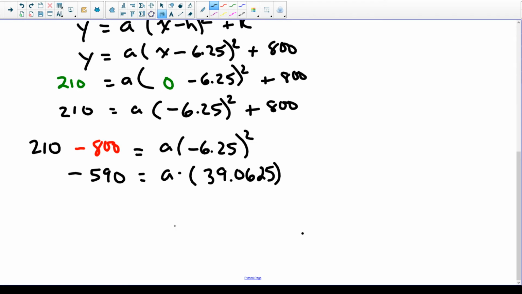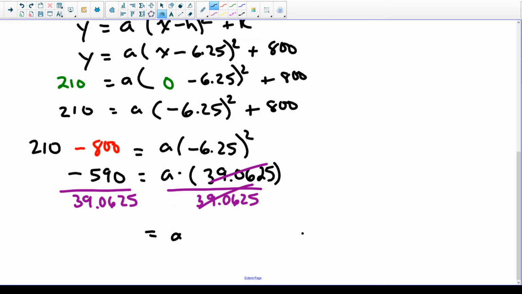Okay, and we've got one more step to do. We've got to get the a all by itself by getting rid of that new number that's multiplying it. Well, to get rid of a number that's multiplying, we divide by that number on both sides. So this now cancels out, and we've got our a value, which is going to be equal to negative 590 divided by 39.0625, which gives negative 15.104.